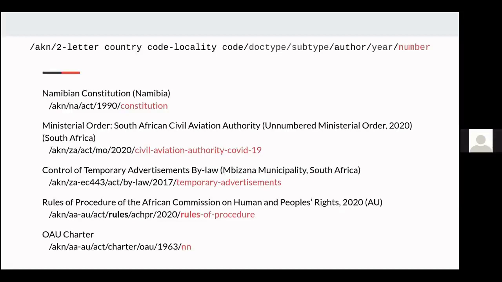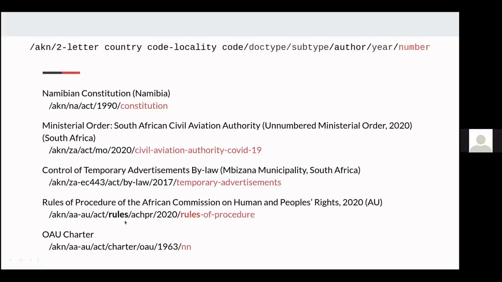One exception to repeating information from the rest of the URI in the number is if it wouldn't make sense not to include it. So for these rules of procedure of the Commission on Human and People's Rights, we don't repeat the African Commission on Human and People's Rights because that's the author.